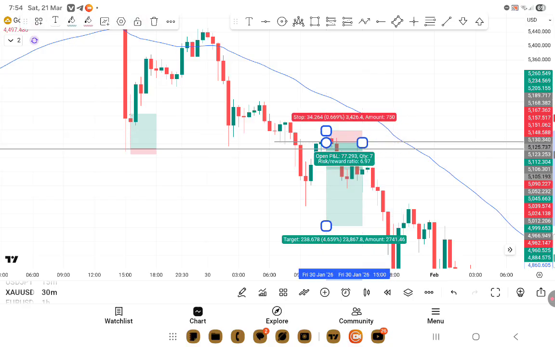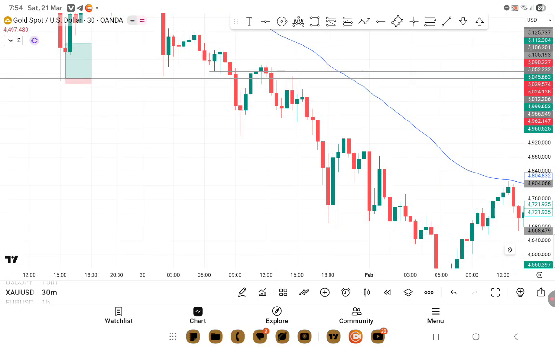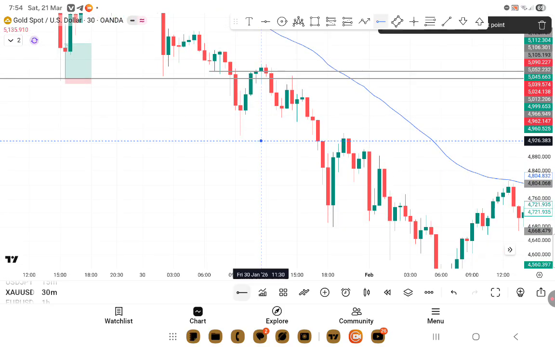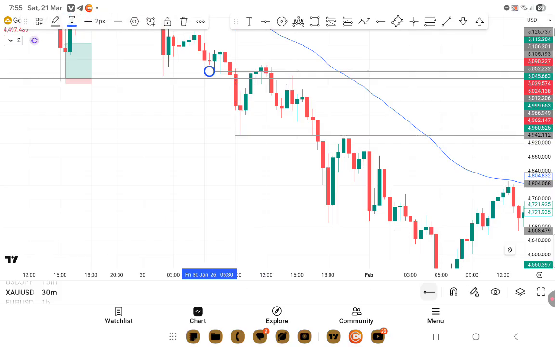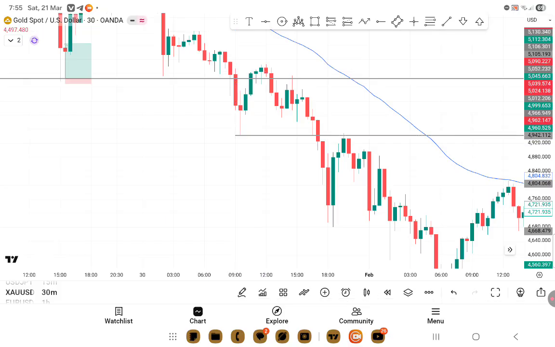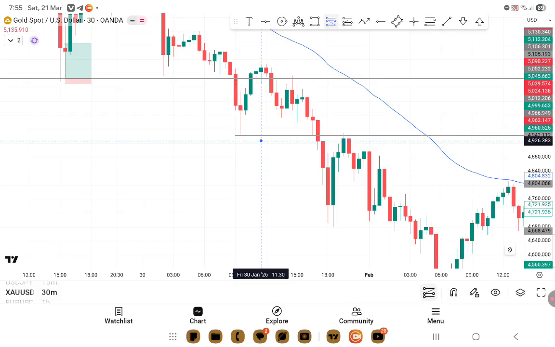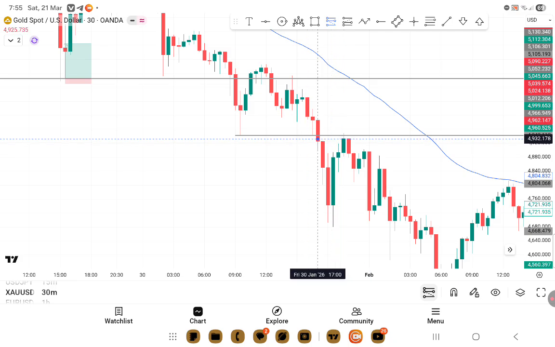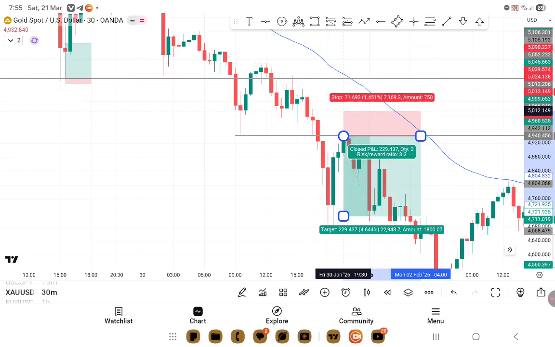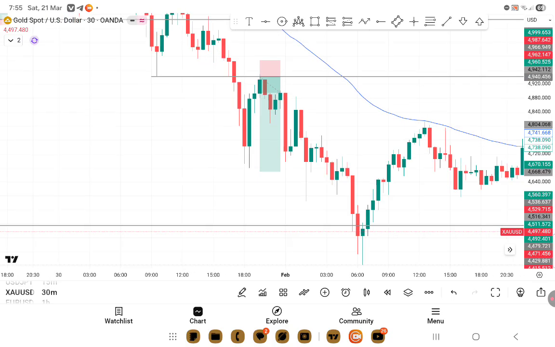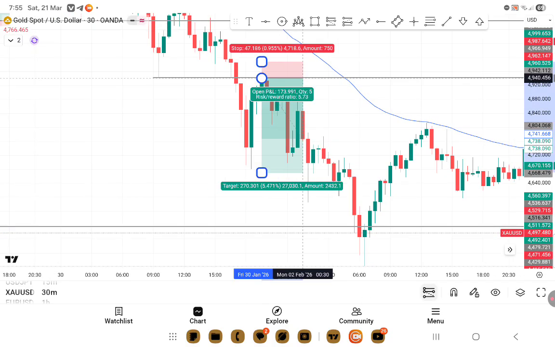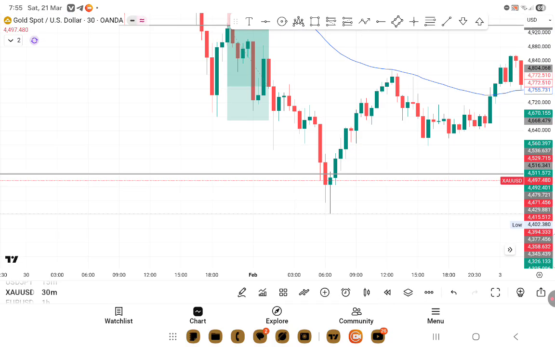No, we're not taking it. But we can take this one though. This one, we can enter. This is the body. It broke out, it came back to it again, and stop loss above the body. TP down. So you have all seen countless ways, right? So I want you to do this yourself.